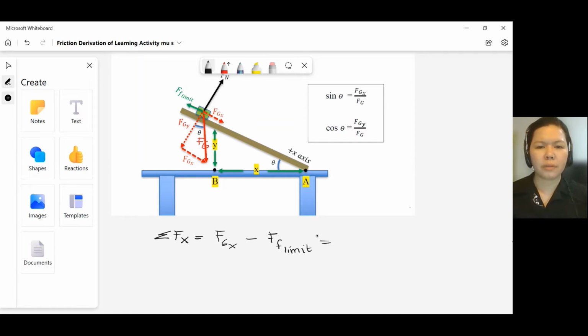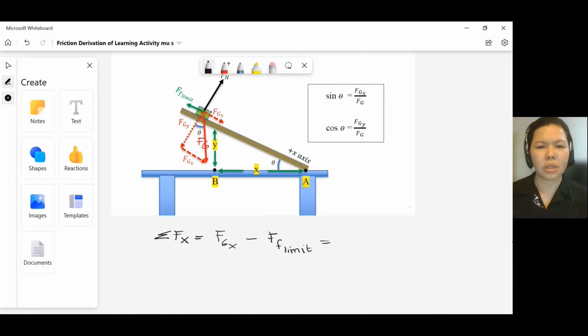Equals, we ask ourselves, is this object accelerating along the x? Since in learning activity number 4 we are getting mu sub s, the coefficient of static friction, wherein the maximum friction that holds the object is when the object is about to move.